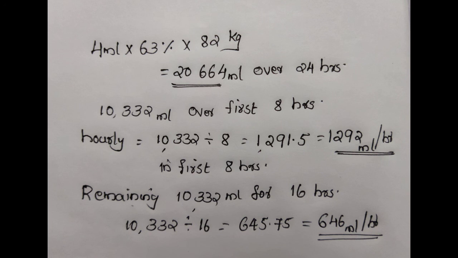The remaining 10,332 ml is for 16 hours. So we have to calculate the hourly fluid over the next 16 hours. 10,332 divided by 16 is equal to 645.75. We can round it to 646 ml per hour over the next 16 hours.